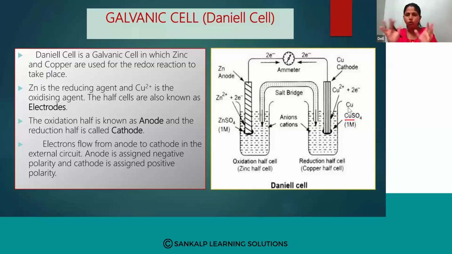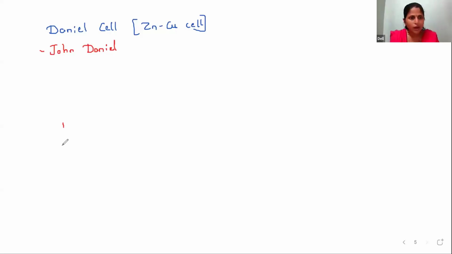Just think this much. You have zinc sulfate solution, and in the other, copper sulfate solution, with a copper rod immersed in it. I'll show it in this format. I have one beaker and another beaker.